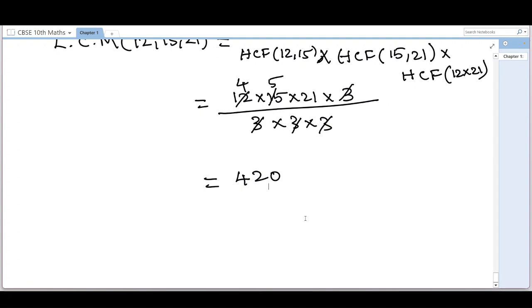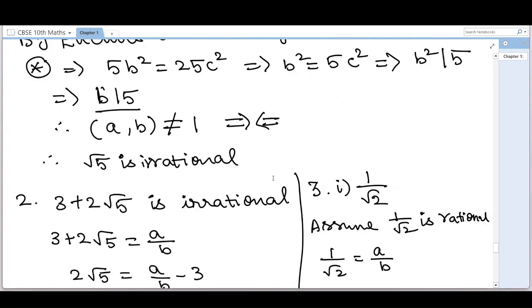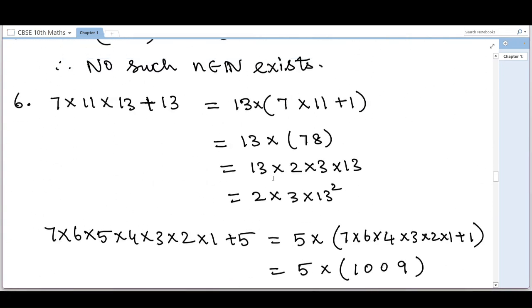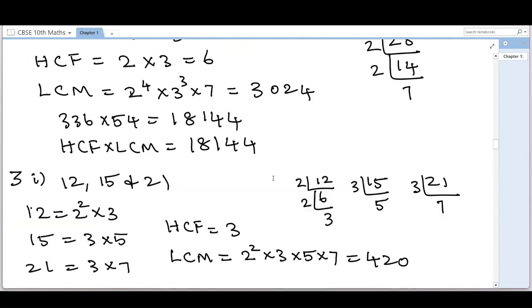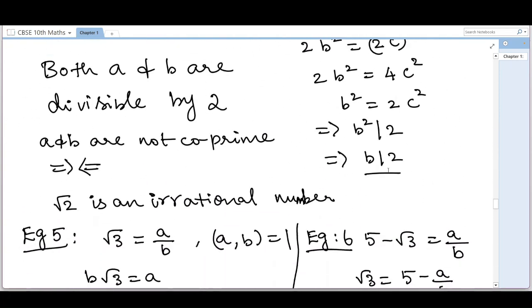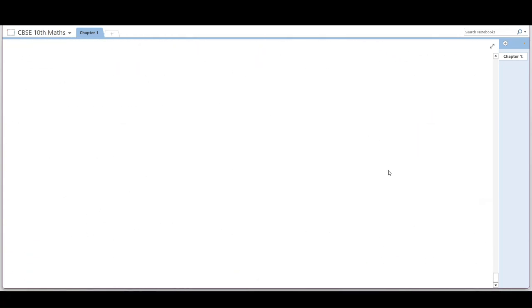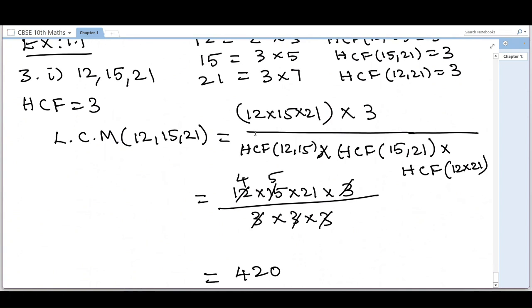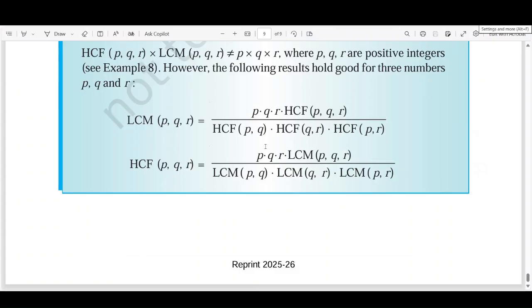So what we determined in the previous way by directly determining the LCM is the same as what we got using this new formula. In a similar way you can also determine HCF using the corresponding formula, but finding HCF is always very simple. Depending upon the question you have to choose the formula, right?